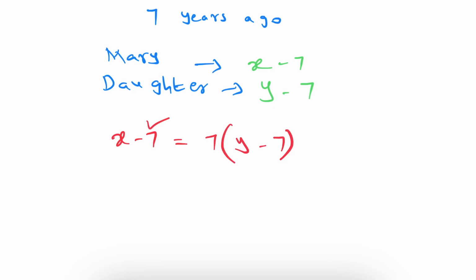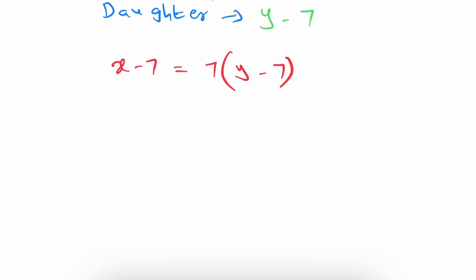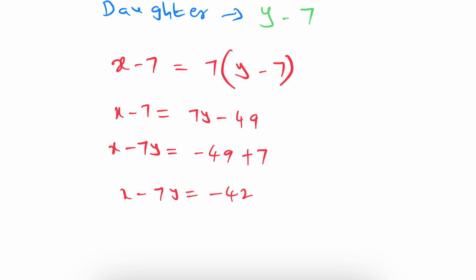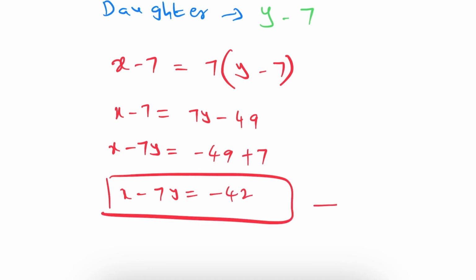Let us try to simplify this first, so we will get one equation. So now it will be X minus 7 equals 7 into Y minus 7, 7 sevens are 49. I am taking 7Y to the left side, so minus 7Y becomes plus 7Y; minus 49 as it is, minus 7 to the right side. So it will be X minus 7Y equals minus 42. This is equation number 1.